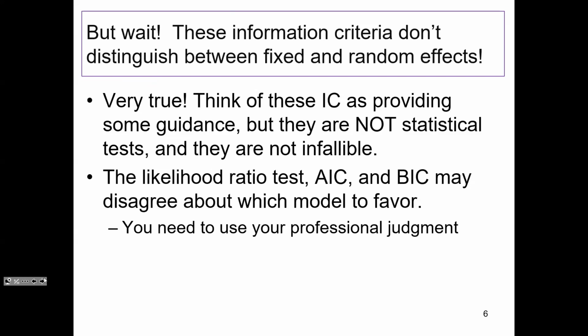I think the onus is on the researcher to come up with a reasonable story a priori about why you would expect there to be random slope variance. And if you can't, I think it's dangerous to just say, well, I don't know, let's just throw it in and find out, right? So I think that's how we need to be proactive.